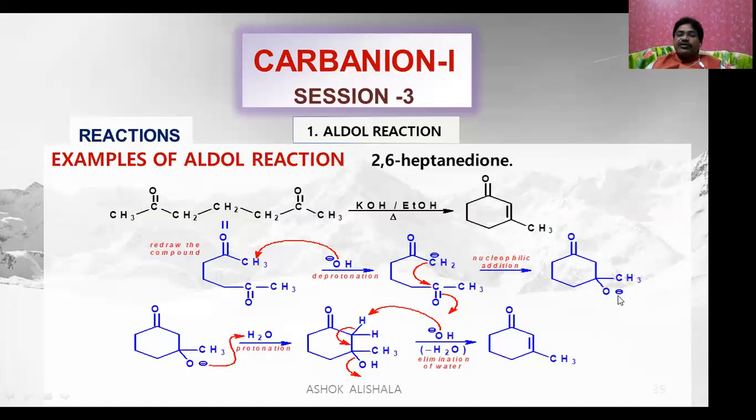Then you get an enolate ion, and this enolate ion takes a proton from water. Then you get an intermediate, which on further rearrangement undergoes elimination of water. Then you get the alpha,beta-unsaturated ketone compound.